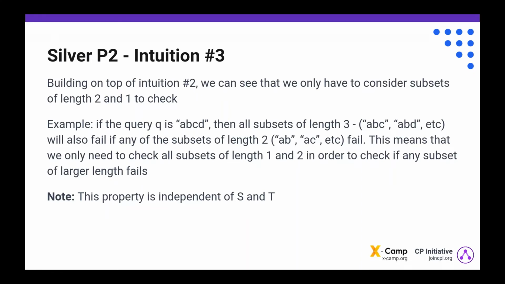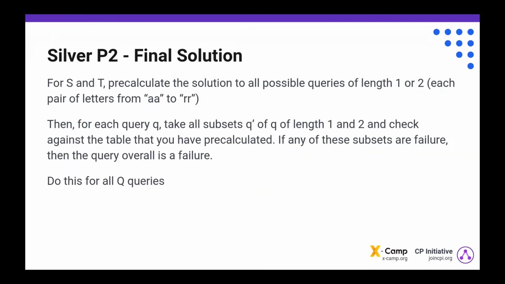Okay. So from this, we can build a solution. For S and T, pre-calculate the solution to all possible queries of length 1 or 2. A query of length 1 means all single letters from A to R, so there's 18 of them.